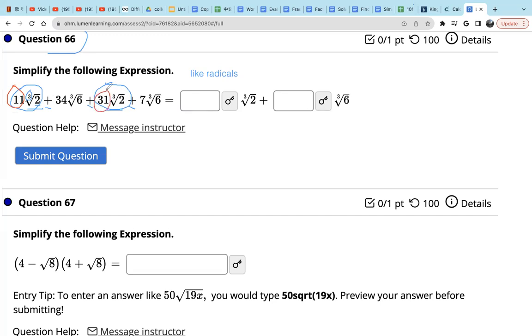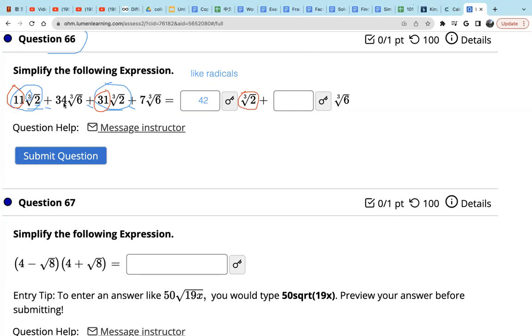Then we have 31 of cubic root of 2. So 11 plus 31, that's 42. So we have 42 of cubic root of 2.